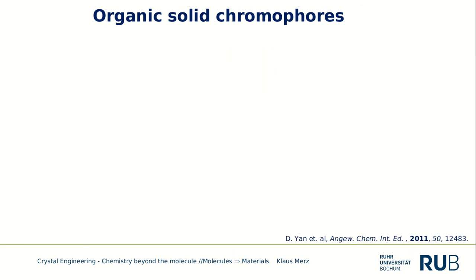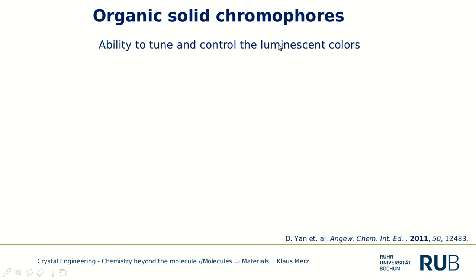Organic solid chromophores. The most important thing of organic solid chromophores, also talking about improvement, development, and challenge, is how can we control the colors of these chromophores, the luminescent colors.